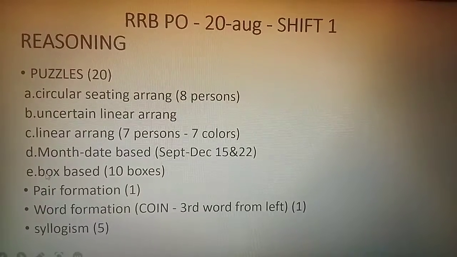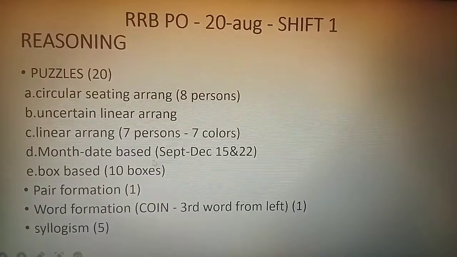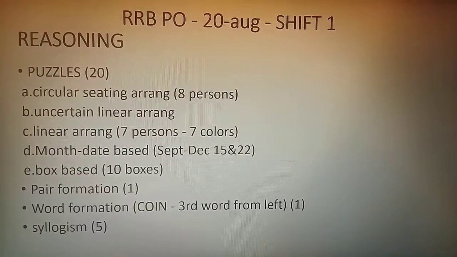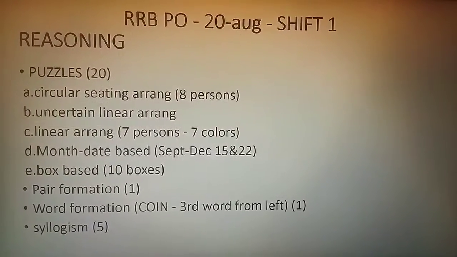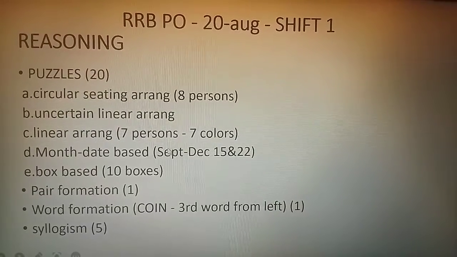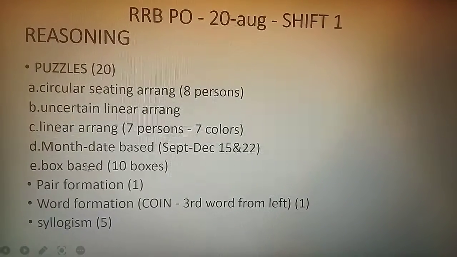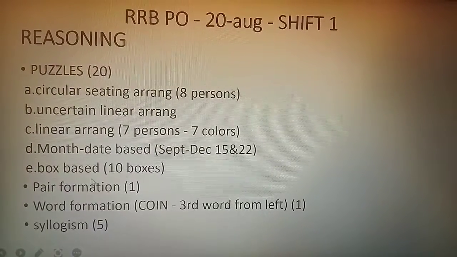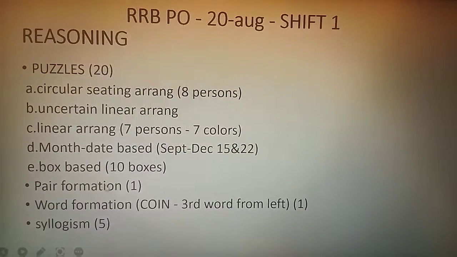The other one was a month and date based puzzle, which consisted of the months September to December, 4 months, and had the 15th and 22nd dates. The fifth one was a box based puzzle. It has 10 boxes and this one was also tricky to solve.